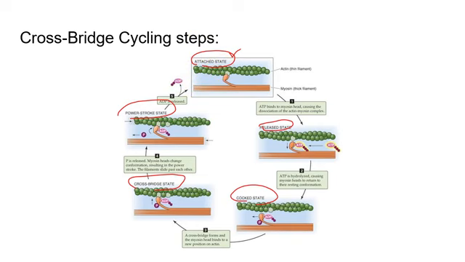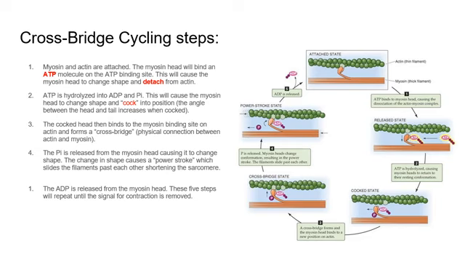So let's see what causes each state. The myosin and actin are attached during the attached state, right? And then we have the detachment state or release state, where, as you can see in this picture, there is no connection or binding between the actin and myosin anymore. Whenever ATP molecules bind to the myosin head, detachment between the myosin and actin is going to happen.